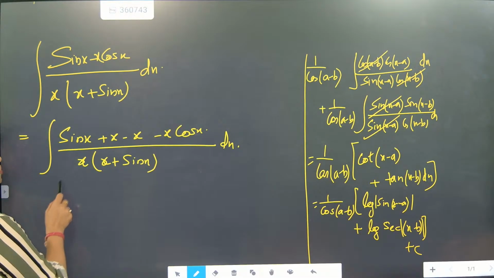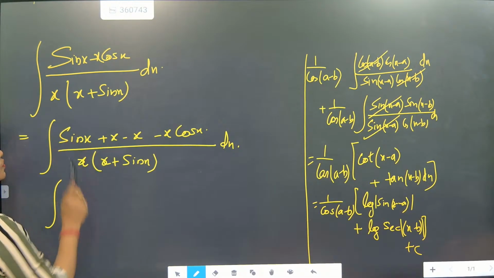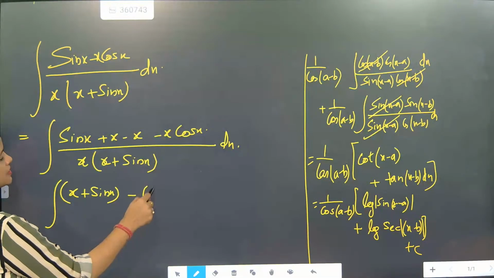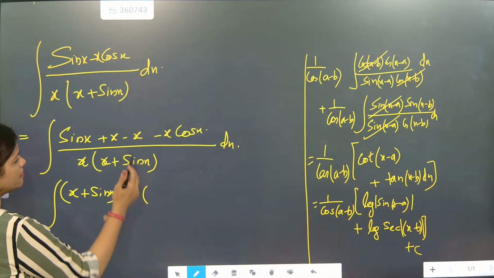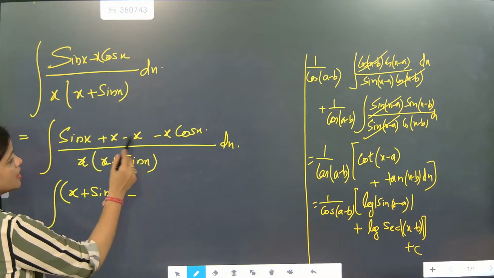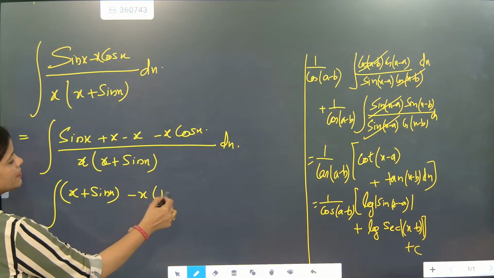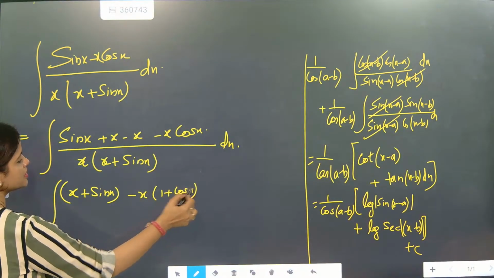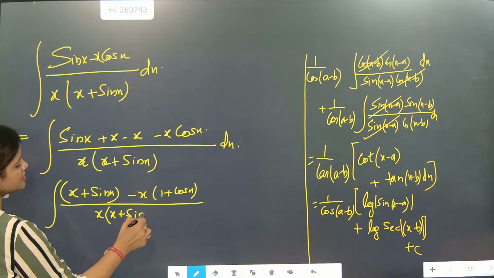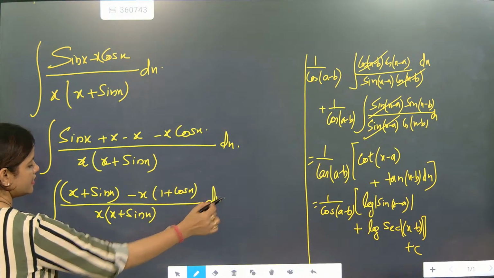So first we will take two together, x plus sin x on one side, and then minus x common, it will become 1 plus cos x, times x plus sin x dx.